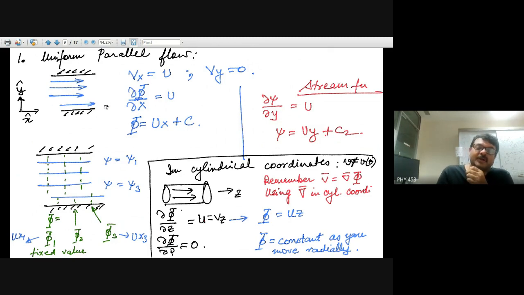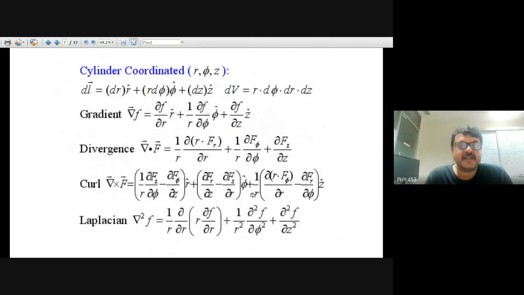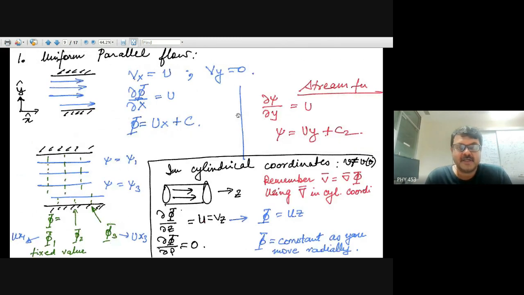If you're talking in cylindrical coordinates, you can align the cylinder such that it's in the z direction. This was a cylinder, this was two plates. There's a difference. This is the z direction now. Now, if you take the expression for gradient in cylindrical coordinates, you are saying that there's no theta dependence as you go around the origin. There's no dependence. So basically, you have this term and this term, right? So I've written del phi del z equal to 0.